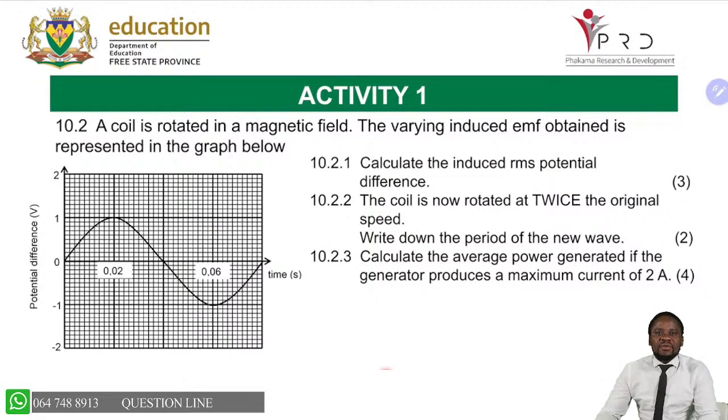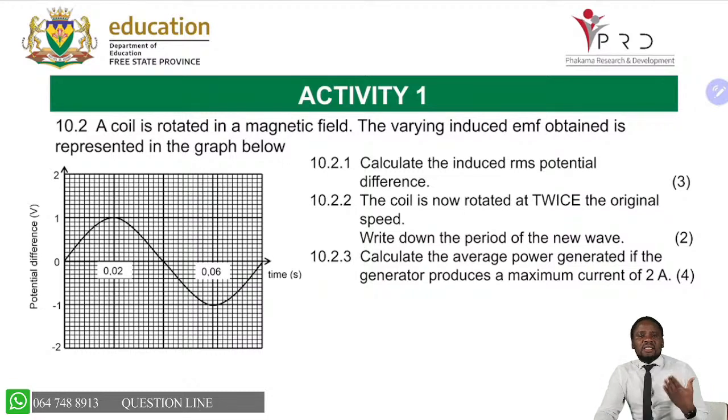Welcome back, grade 12. We're still on our live session for physical sciences. We are focusing our attention on alternating current. Before we went for a short break, we managed to look at a practical example of the type of questions that can be asked when it comes to AC generators and purely resistive circuits.